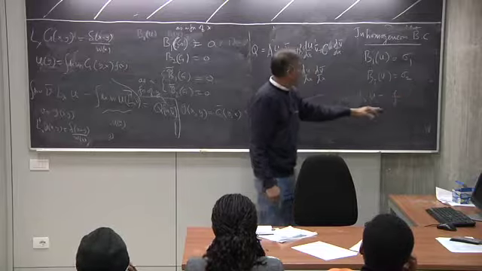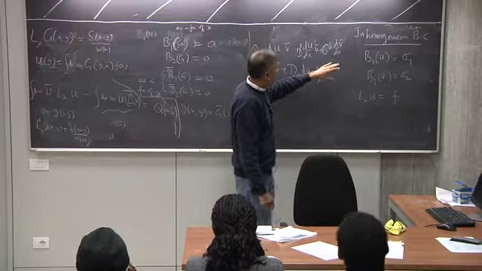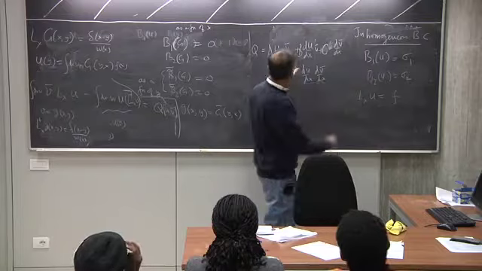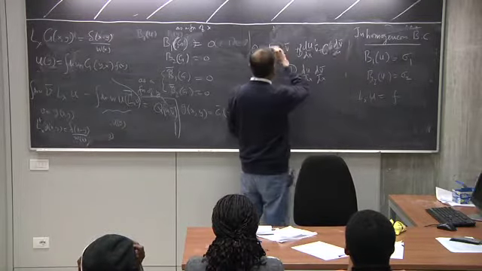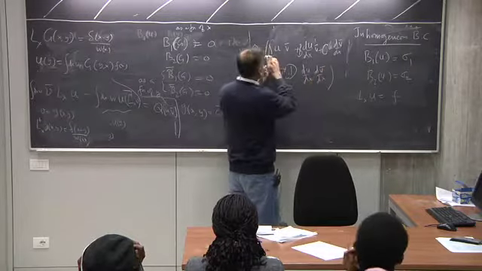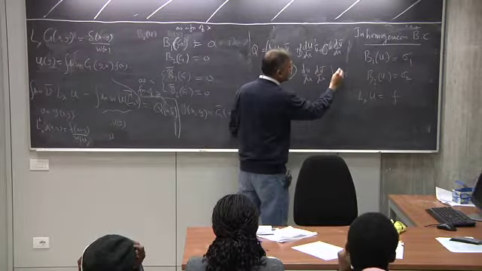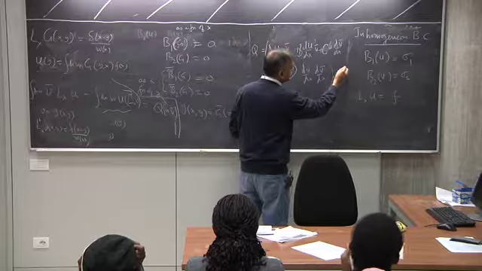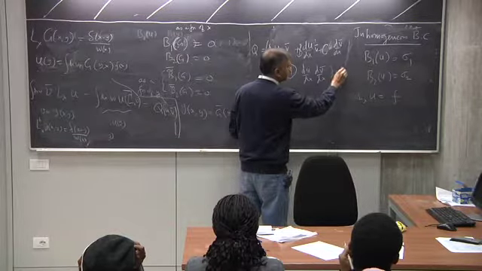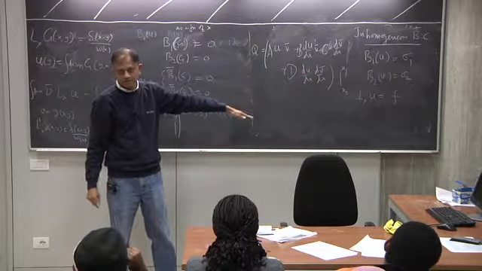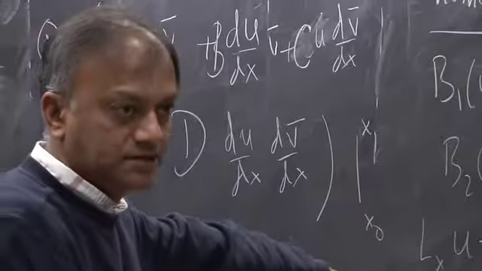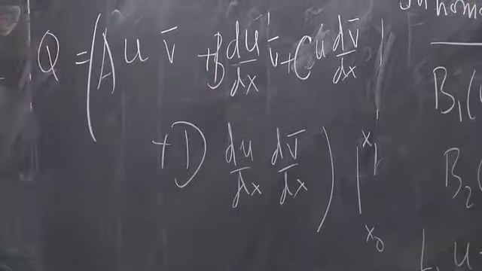The point here is that this Q is to be evaluated at the two endpoints, x1 and x0. These are the boundary terms, the surface terms evaluated at the endpoints. Okay. This is the general form of the expression.